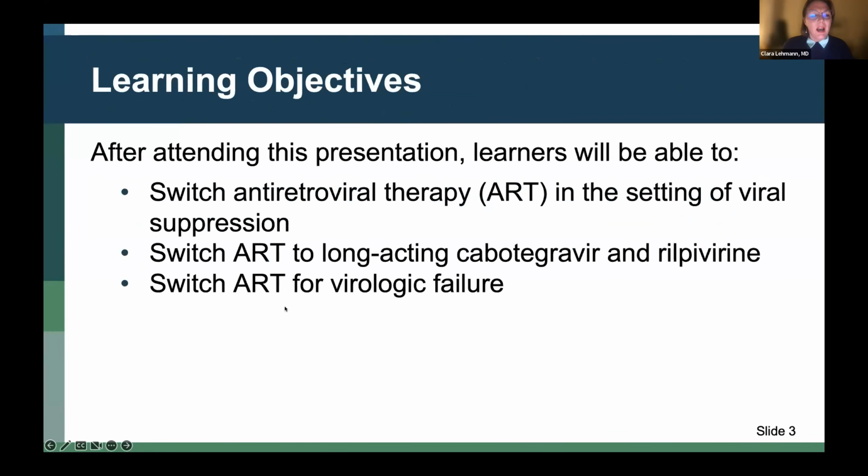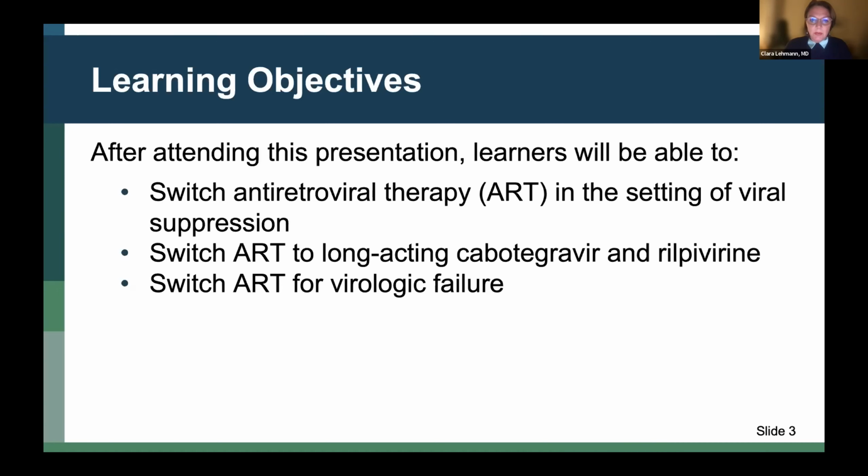So the learning objective today will be how to switch in the setting of viral suppression, and also to discuss how it's possible to switch to long-acting cabotegravir and rilpivirine, and what we have to consider if you observe a virologic failure.